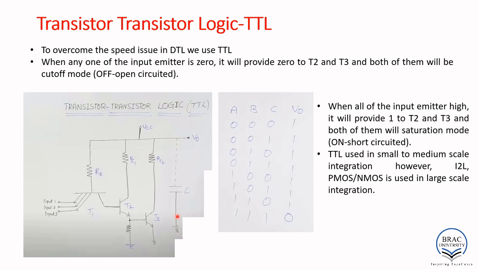Okay, so based on that, if we try to draw the truth table, we consider the three inputs 1, 2, 3 as A, B, and C. We have the output V0.